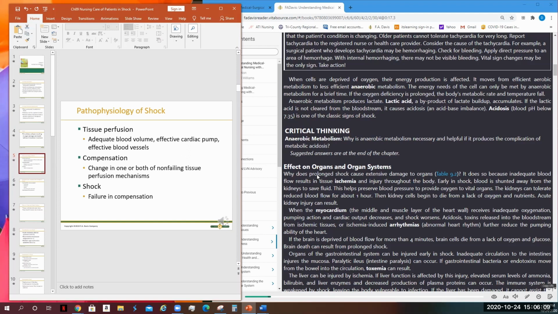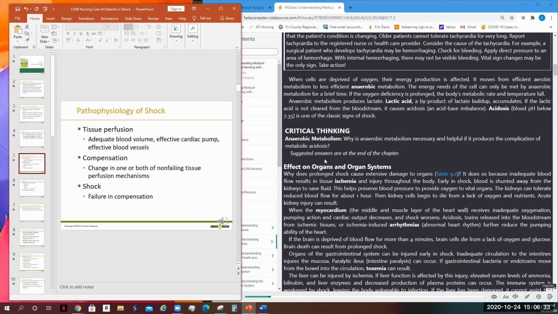Lactic acid, a byproduct of lactate buildup, accumulates. If the lactic acid is not cleared from the bloodstream, it causes acidosis, an acid-base imbalance. Acidosis, blood pH below 7.35, is one of the classic signs of shock.